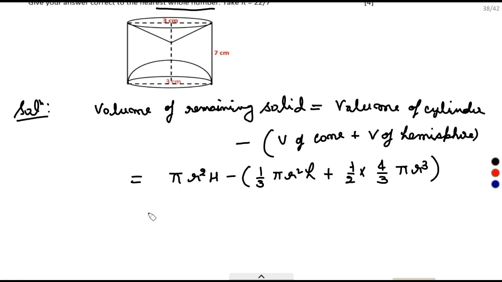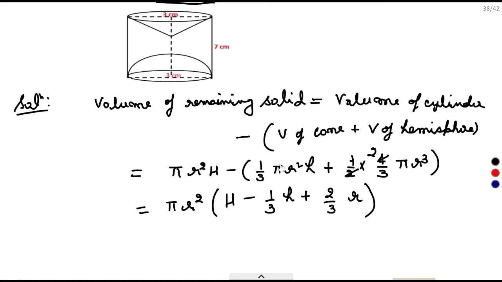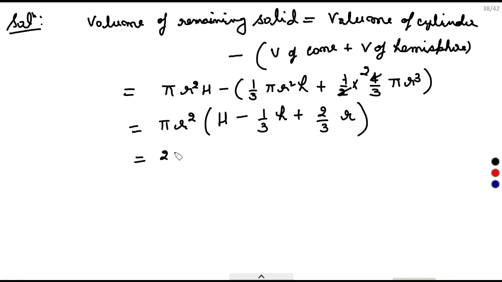Put the given values. Pi r square is common. Radius is given, that is 3.